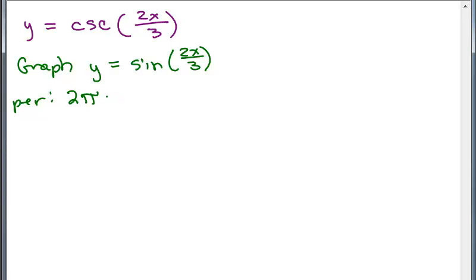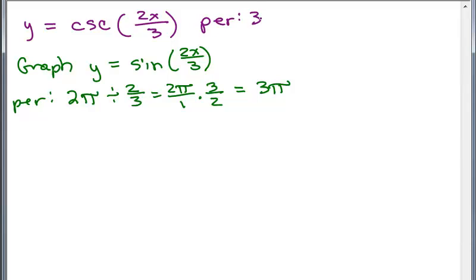So it's really 2 pi divided by 2/3, which is the same thing as 2 pi times 3/2. So our period will be 3 pi. You will have the same period for the cosecant, so I'm going to write this up here. The period will be 3 pi.